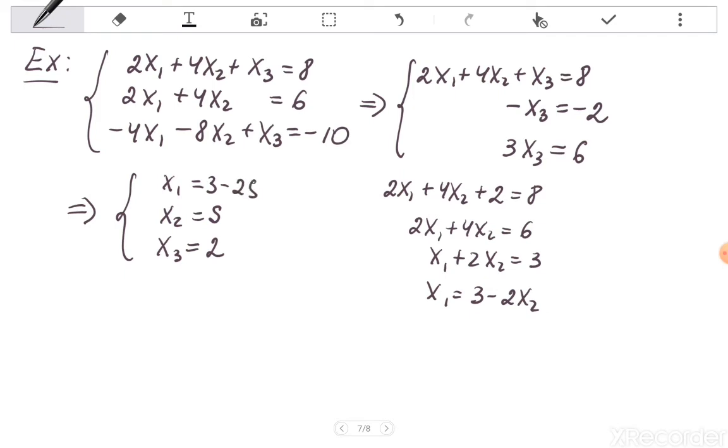So s is called a parameter. And now you see that as you change s, you change the solution. So this means that the system has infinitely many solutions.